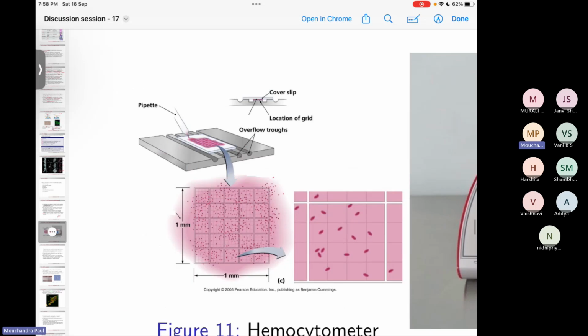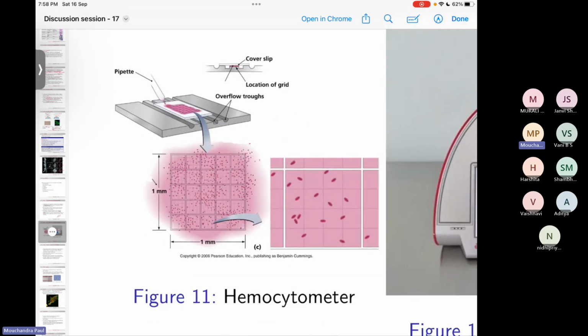On this device you pipette around 10 microliters of cell suspension and put a cover slip on it. After putting the cover slip, the cells become stationary under vacuum, and under the microscope you will see a square matrix of 5 squares by 5 squares.